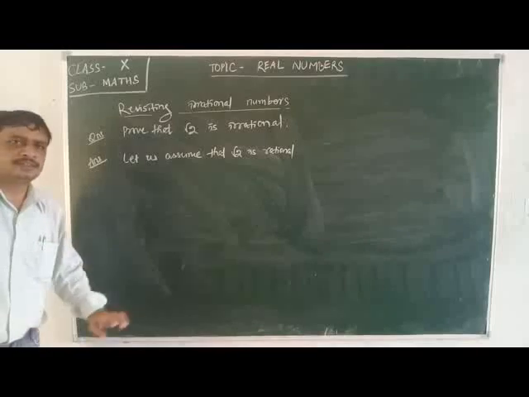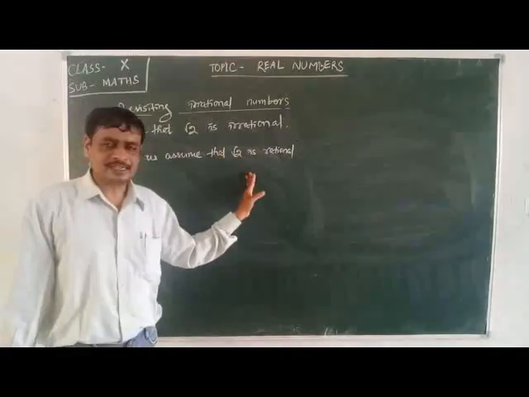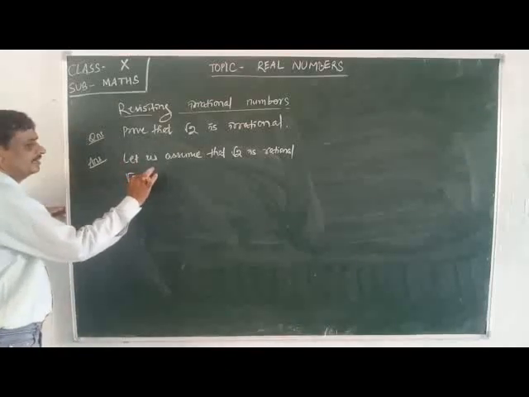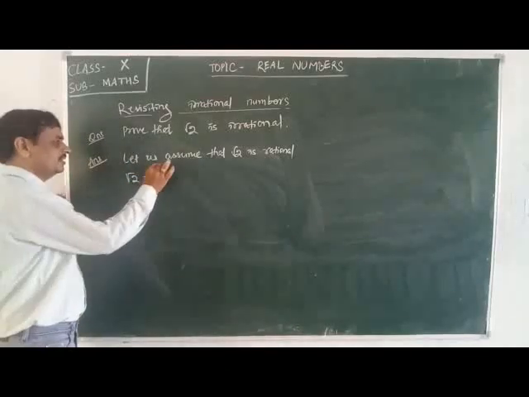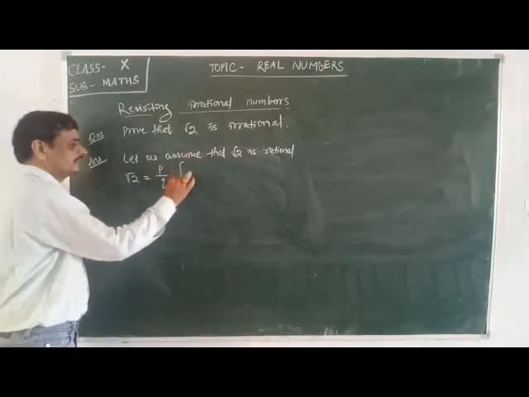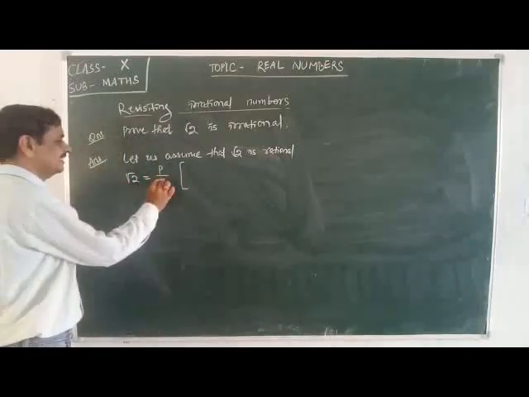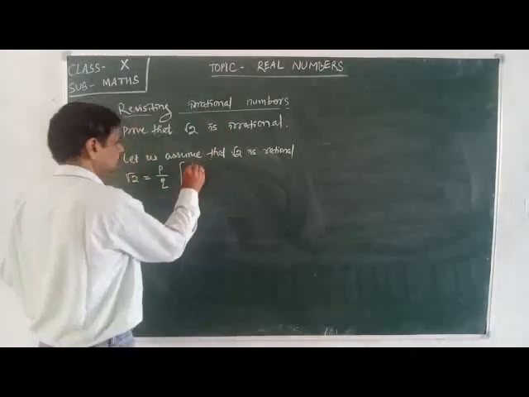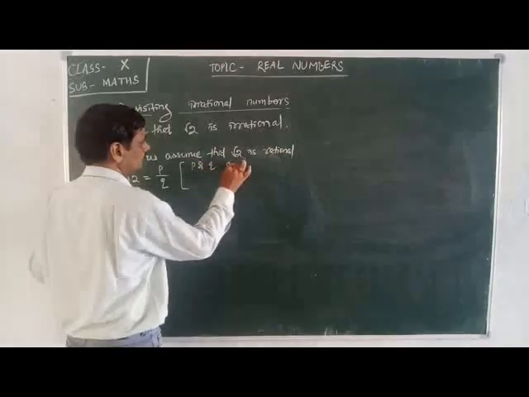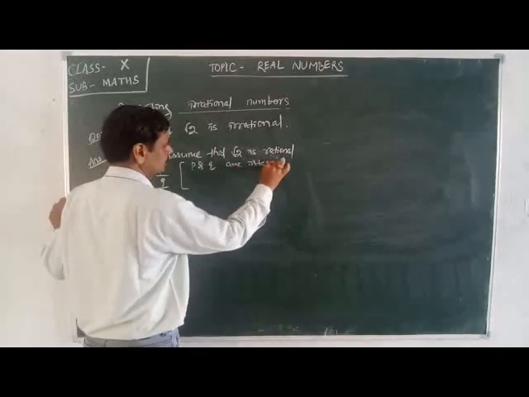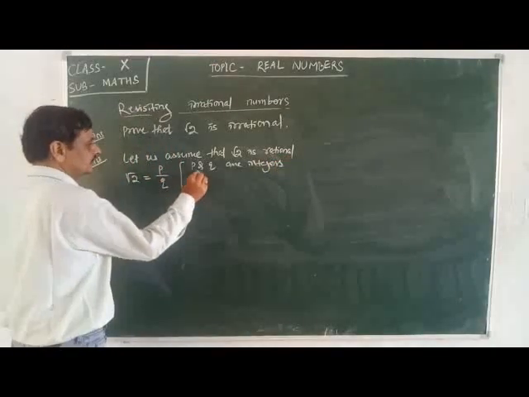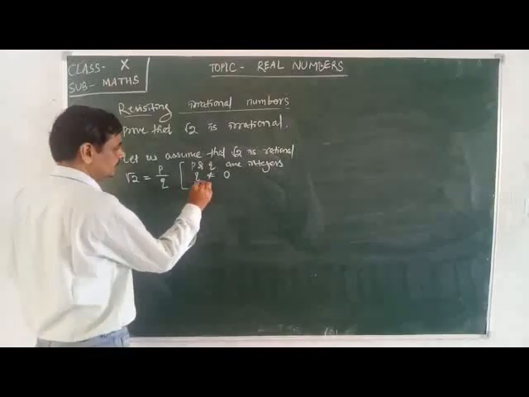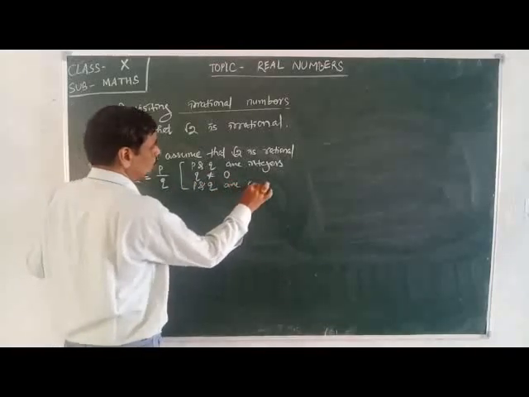Since it is assumed root 2 is rational, this root 2 can be expressed in the form p by q, where p and q satisfy the conditions for a rational number. P and Q are integers, Q is not equal to 0, and P and Q are co-prime.